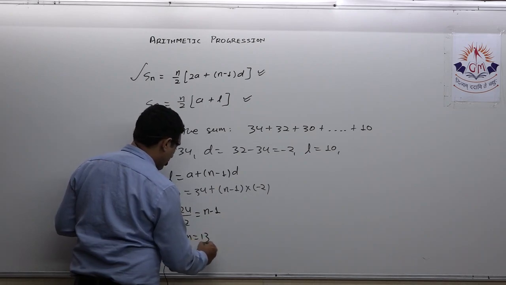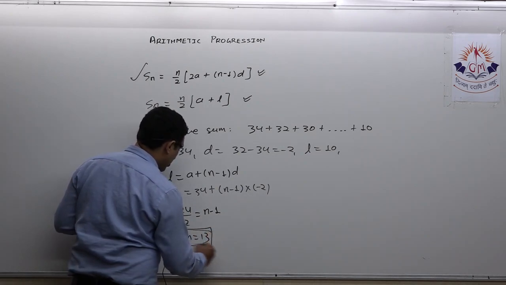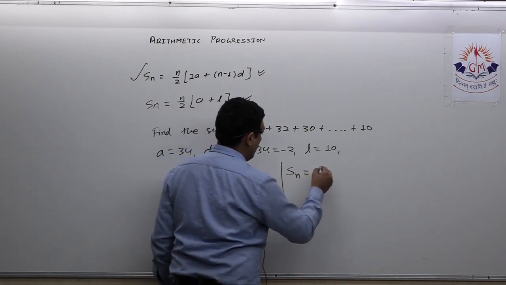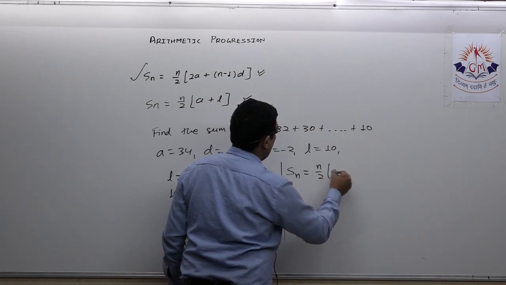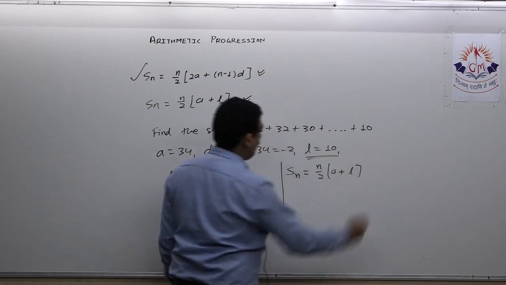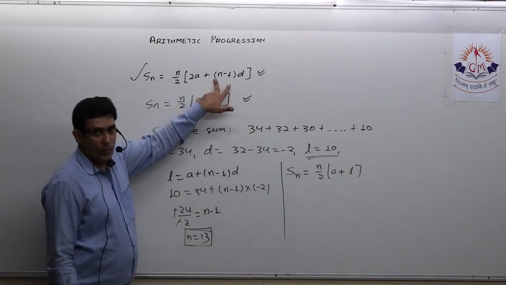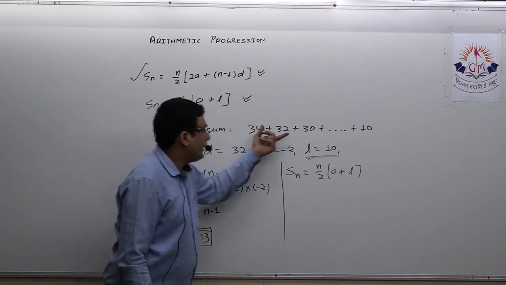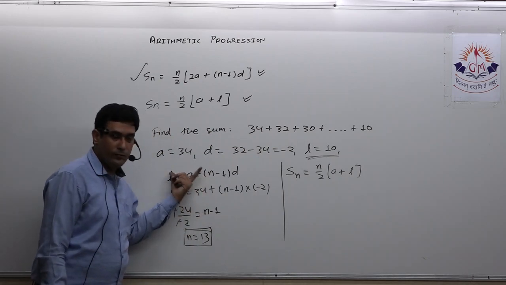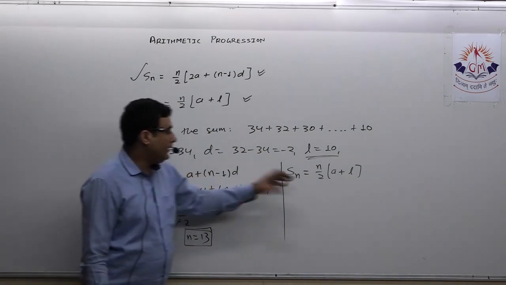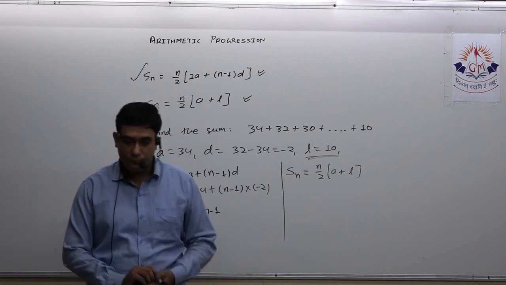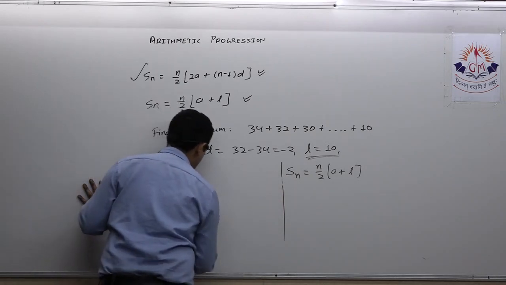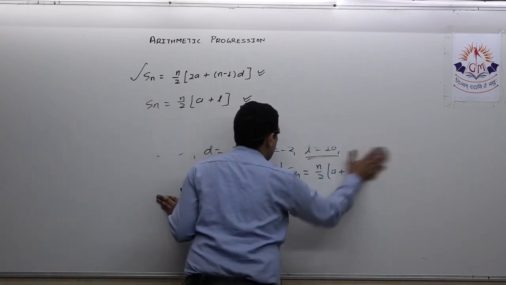So n is equal to 13. Here I got the number of terms. Now I can apply the formula Sn equal to n by 2 (A plus L), because I have the last term, as well as I can use the other formula because I have n as well. So if the number of terms is not given, first you have to find the number of terms using this formula, and then you have to obtain the value of the sum of n terms. Okay, so that was another type of question.